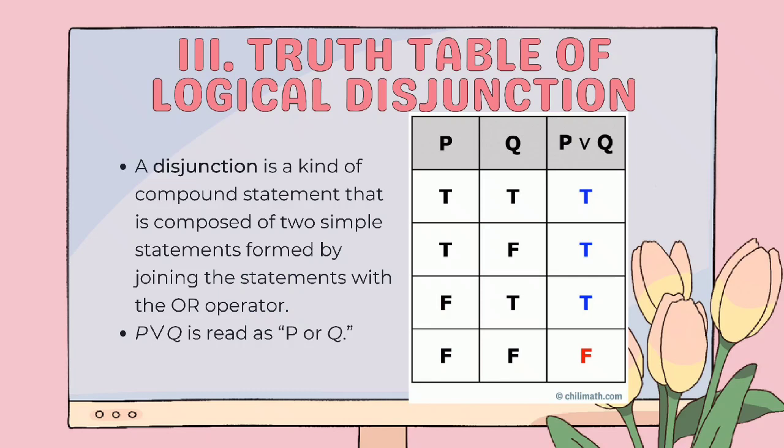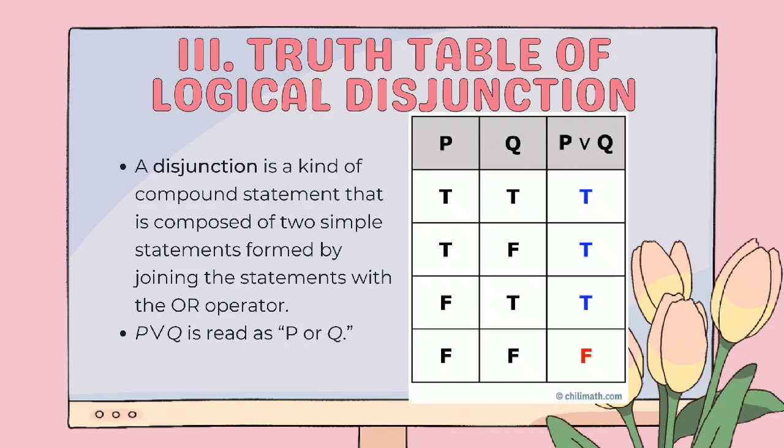Third, the truth table of logical disjunction. A disjunction is a kind of compound statement that is composed of 2 simple statements formed by joining the statements with the OR operator. In a disjunction statement, the use of OR is inclusive.